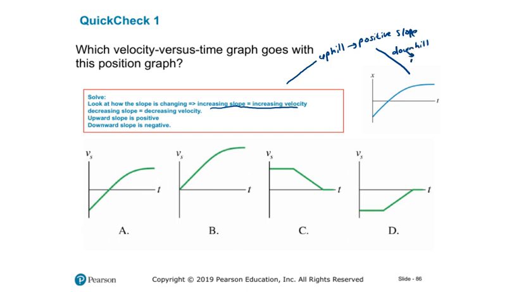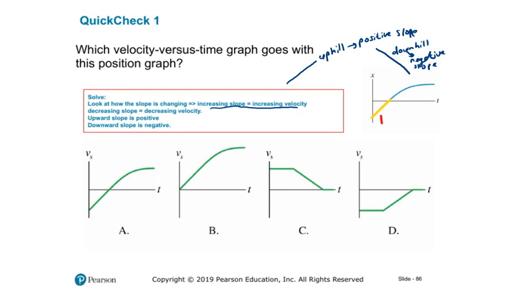Positive slope. And if we have a downhill slope, it's negative. So these are the information. Overall, we'll look at the slope.